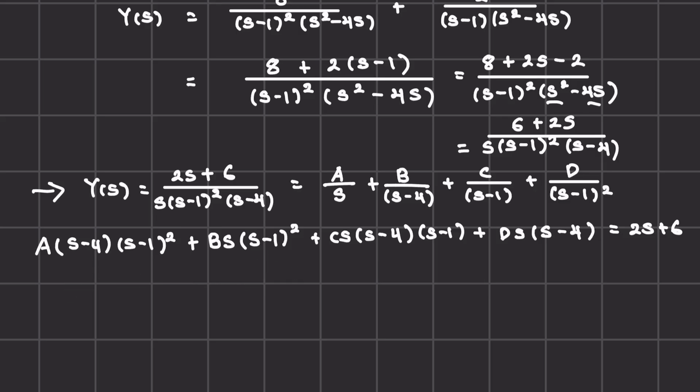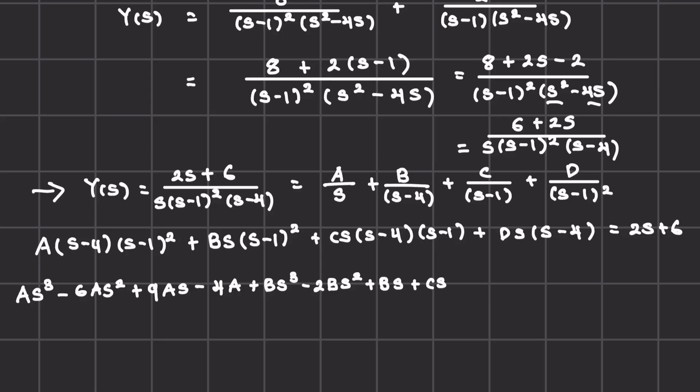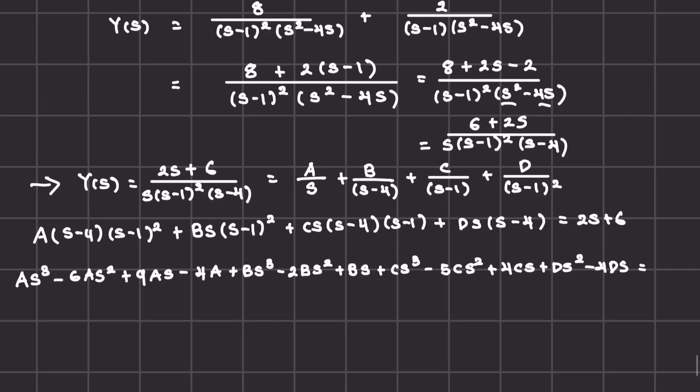If you expand all of this, what you will get is A s cubed minus 6A s squared plus 9A s minus 4A plus B s cubed minus 2B s squared plus B s plus C s cubed minus 5C s squared plus 4C s plus D s squared minus 4D s, and everything here is equal to 2s plus 6. This is a very long one.